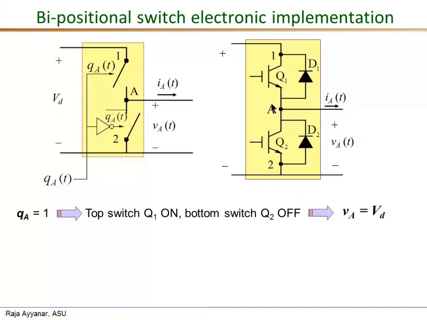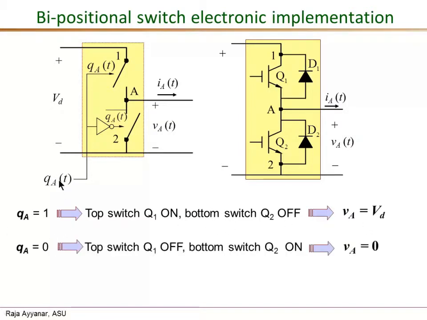Because pole A is connected to the positive end of V sub D, the output of the bipositional switch, defined as V sub A with respect to the ground, is equal to positive V sub D. And when QA equals 0, this switching signal Q can only take two values, either 1 or 0. If it is 1, the top switch is on. If QA equals 0, by our convention the top switch Q1 is turned off and the bottom switch Q2 is turned on. And when Q2 is on, it is easy to see that V sub A is shorted, so V sub A equals 0.